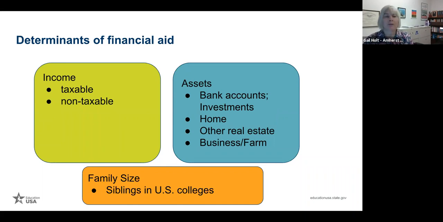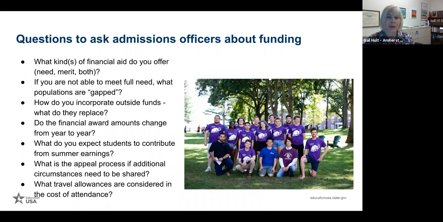So what kind of questions should you ask an institution? It's always nice to know where you should be coming from in terms of perspective. But the first thing is, what kind of financial aid do you offer? Because if an institution only offers need-based aid, then talking about the academic merits of a student aren't going to change anything.